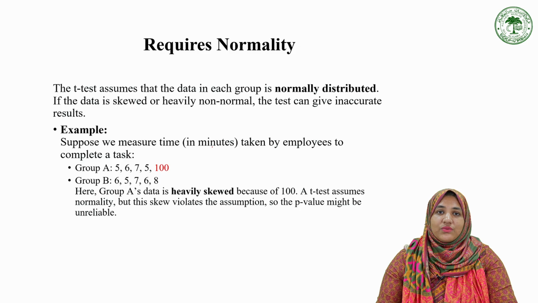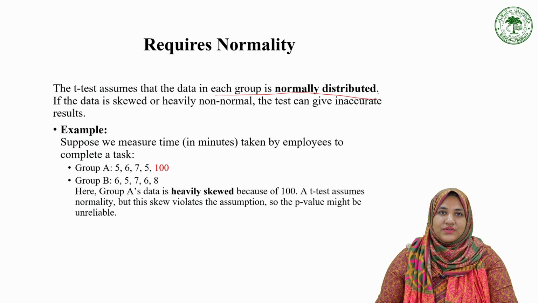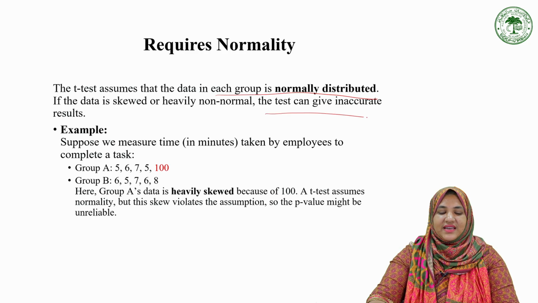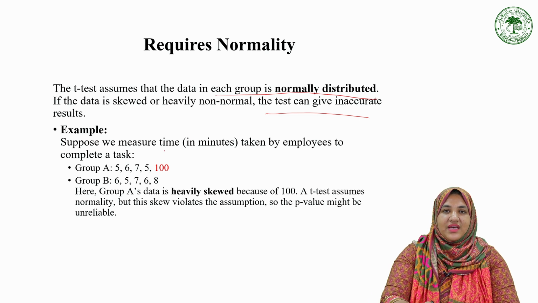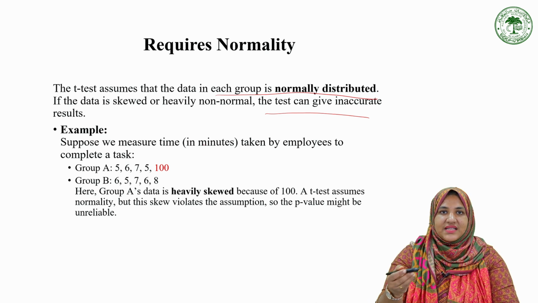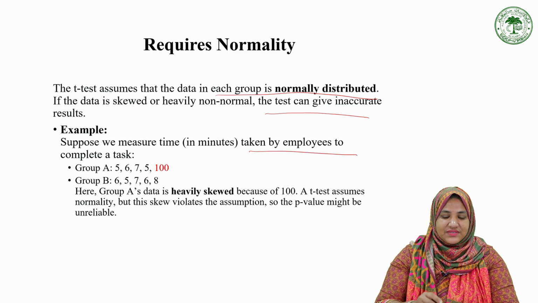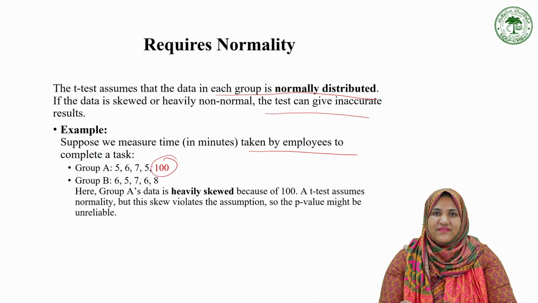Next one is it requires normality. The t-test assumes that the data in each group is normally distributed. If the data is skewed or non-normal, the test can give inaccurate results. See, for example, suppose we measure the time, in minutes, taken by employees to complete a particular task: group A is 5, 6, 7 and 100, and group B is 6, 5, 7, 6, 8.